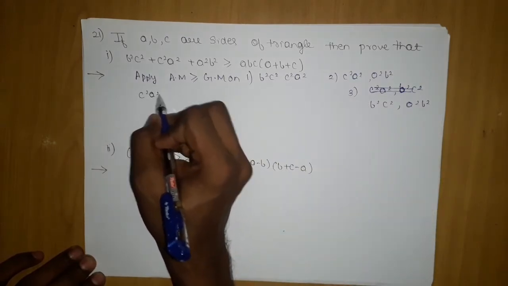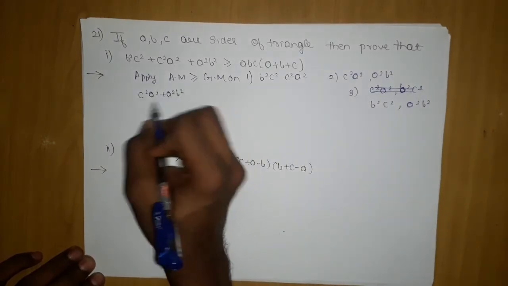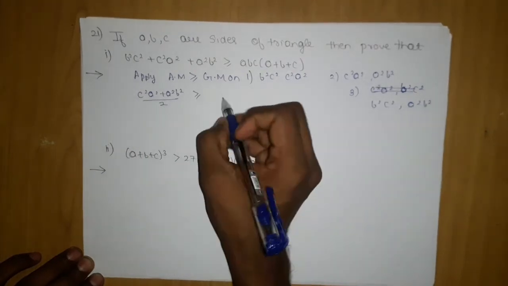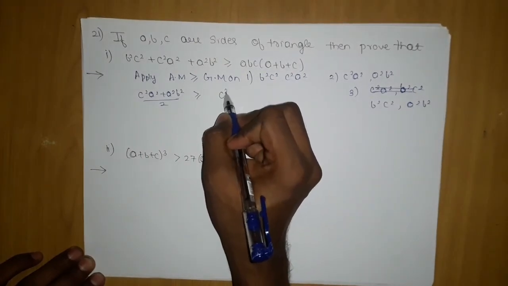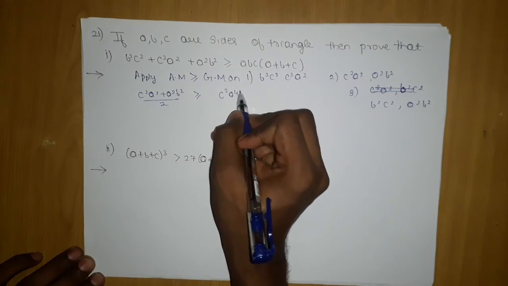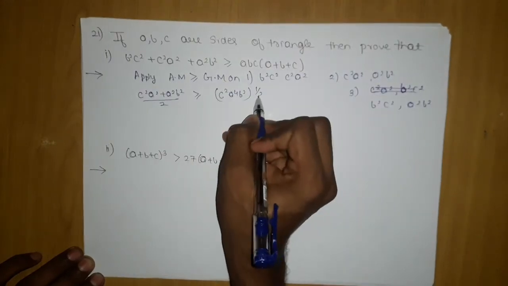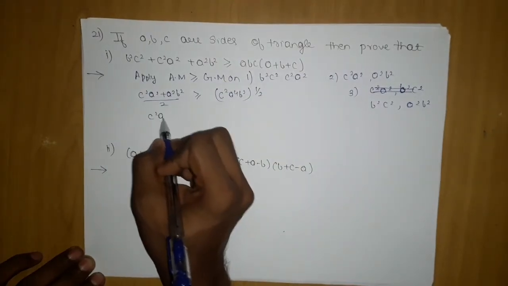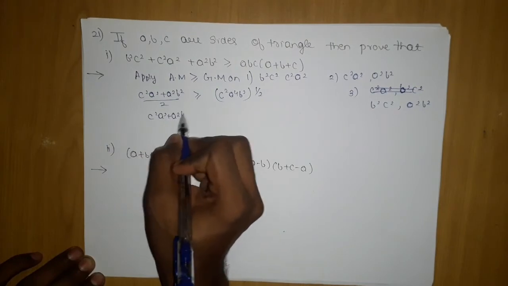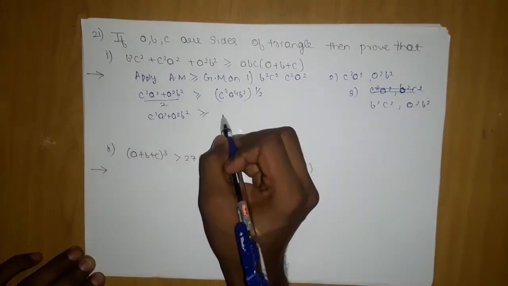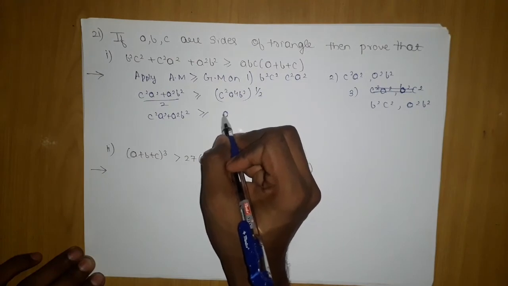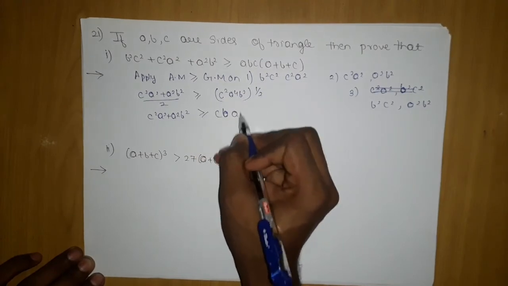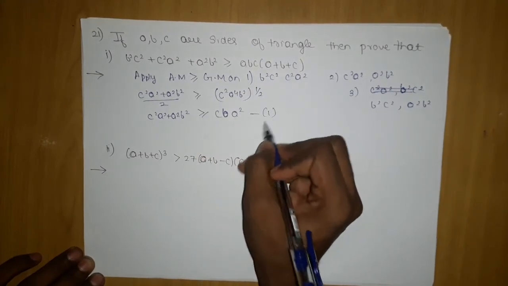c square a square plus a square b square by 2 is greater than or equal to c square a power 4 b square, the whole power 1 by 2, giving us finally c square a square plus a square b square is greater than or equal to abc a square. Keep it as 1.